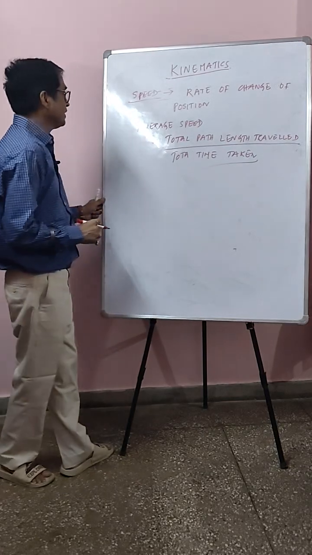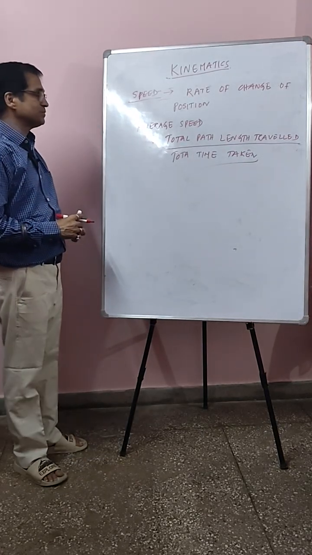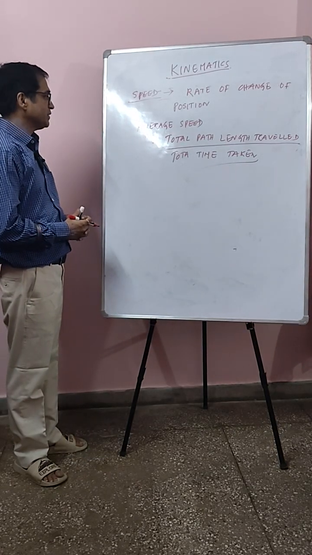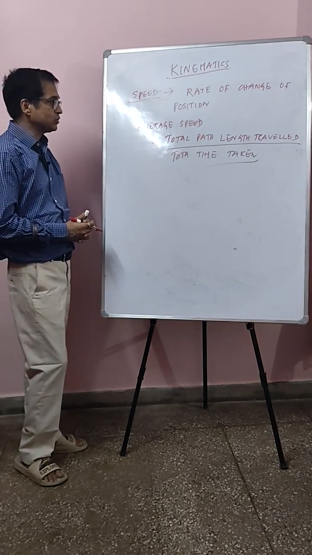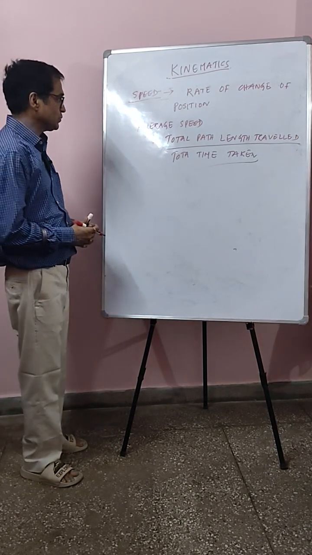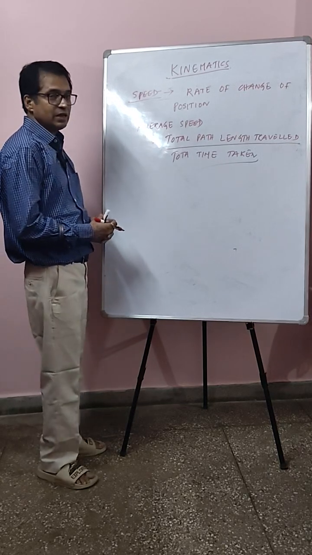So this is speed, the rate of change of position. Mathematically we define average speed as total path length traveled divided by total time taken. So this is our average speed.